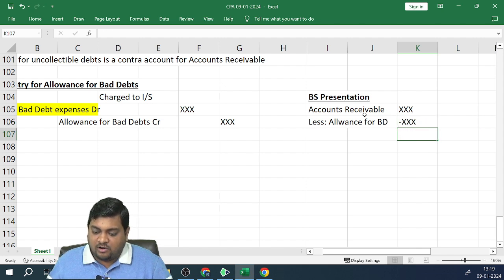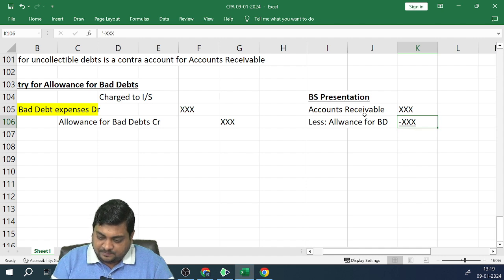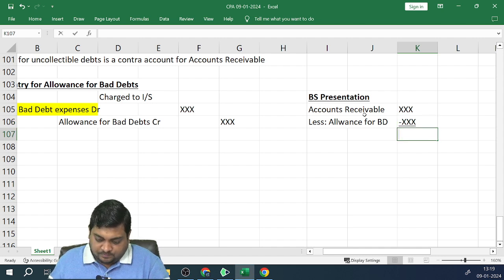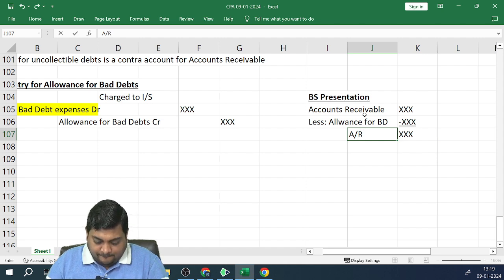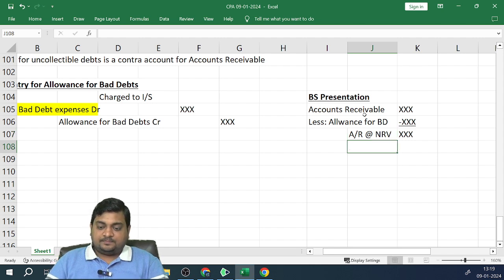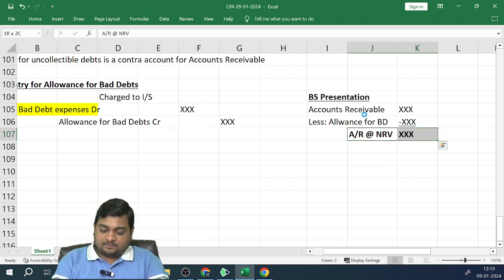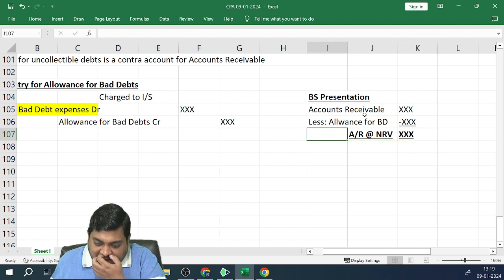It is simply a contra account, nothing else. So this is AR at the rate NRV. This is AR at the rate NRV.